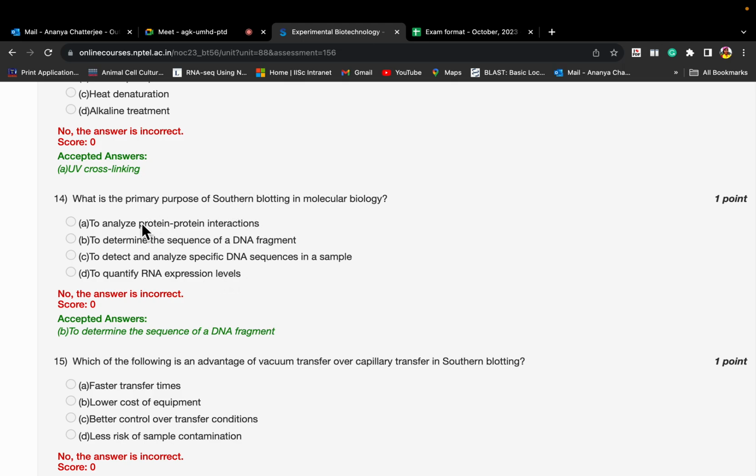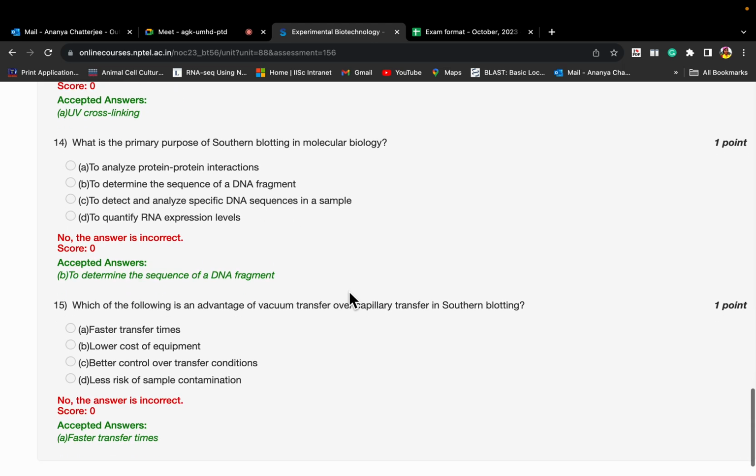Southern blotting, the answer will be to detect and analyze specific DNA fragments in a sample. So I think there is some mismatch in the options. To determine the sequence of a DNA fragment, no, it should not be the answer. So the answer will be to detect and analyze specific DNA fragments in a sample.